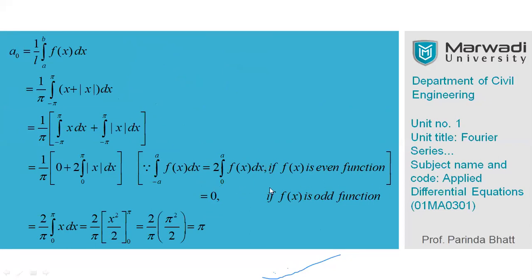Now listen, this is the concept. If the function is an odd function, then the integration value is 0. And if the function is an even function, then the integration is double, 2 times the integration from 0 to a of f of x dx. If the function is even, we apply this concept.